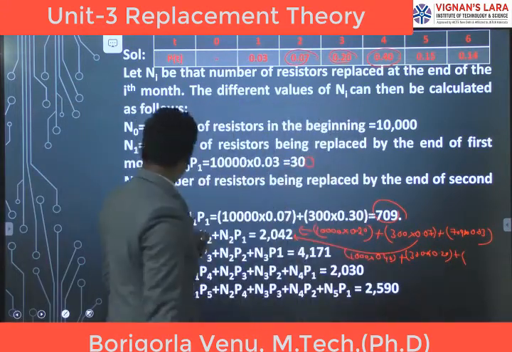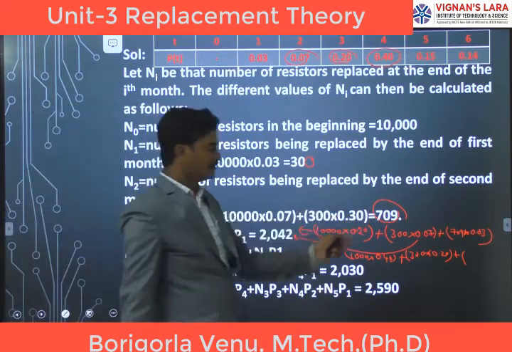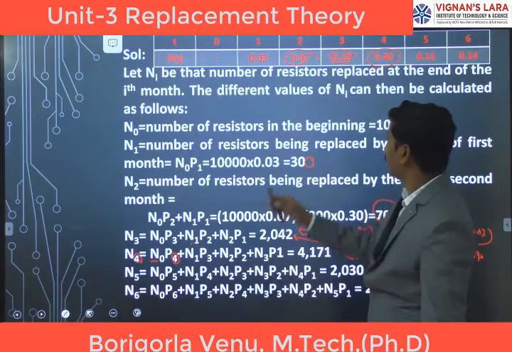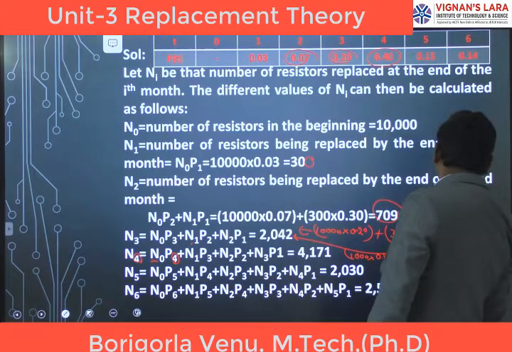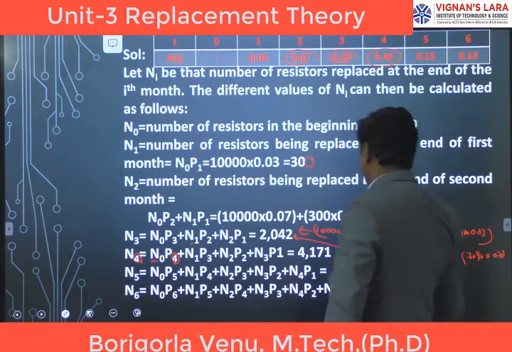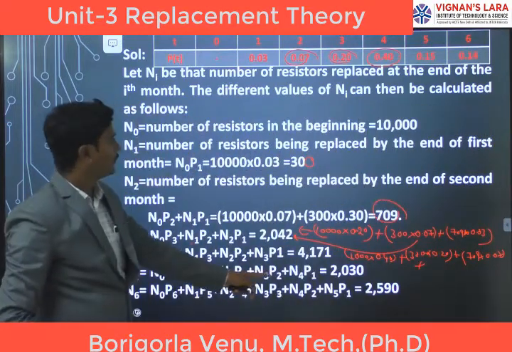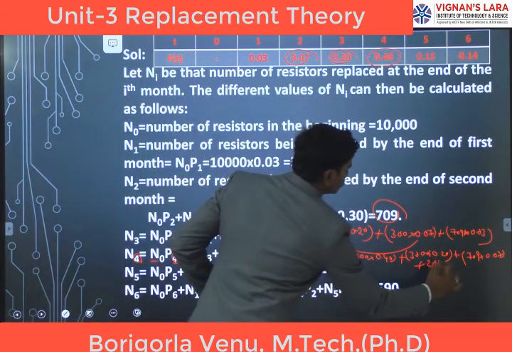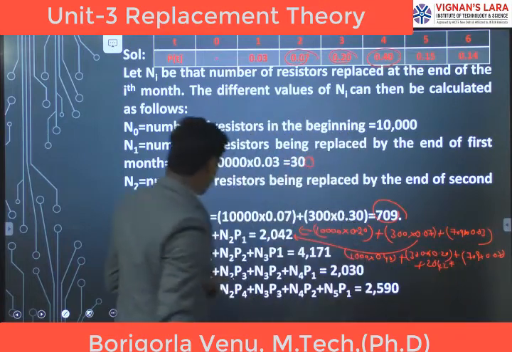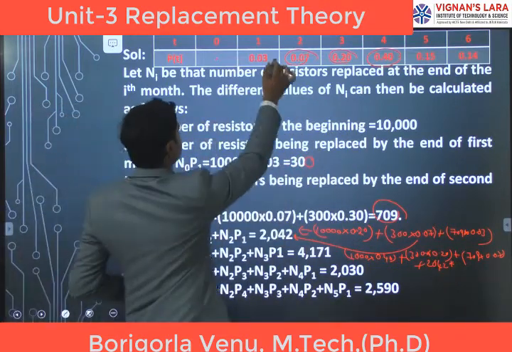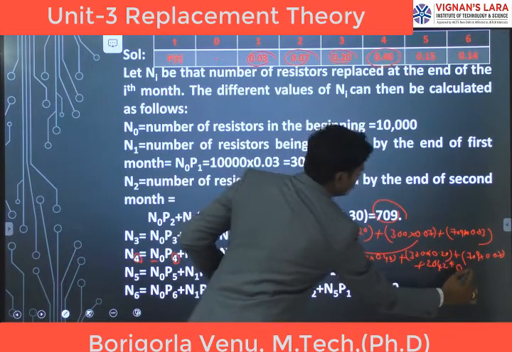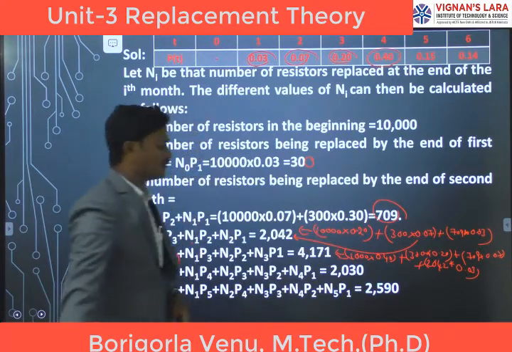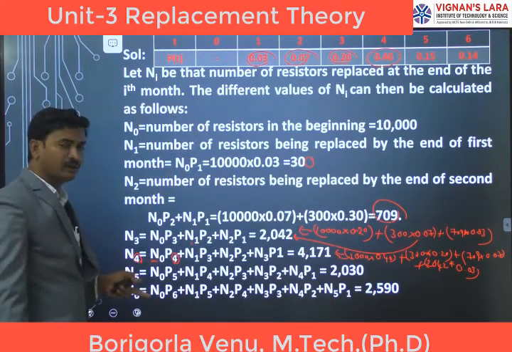N2 was already calculated: 709 into P2, which is 0.07, plus N3 P1. N3 is 2042 into P1, 0.03. From this we get 4171.